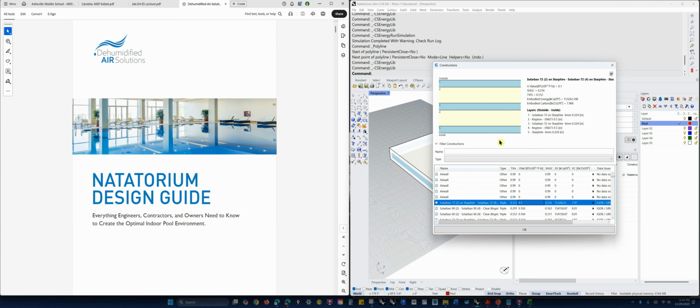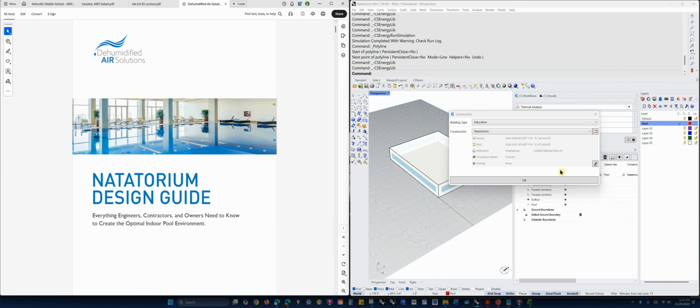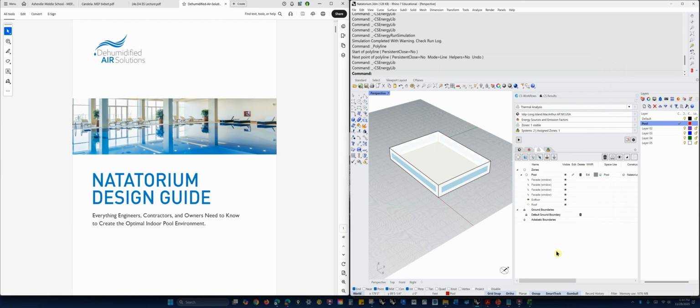This assembly, triple pane glass, has a very low U value, 0.1, so it's like an R10. A low solar heat gain coefficient and a low visibility. That's pretty high actually for something that's energy efficient. Anyway, that's one I picked, and so that's our envelope that's matching the pool requirements.